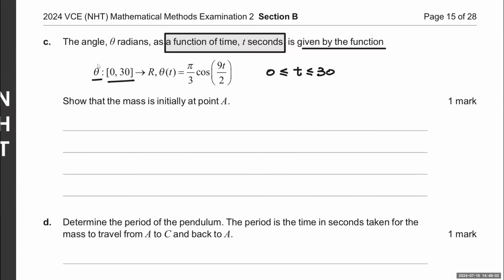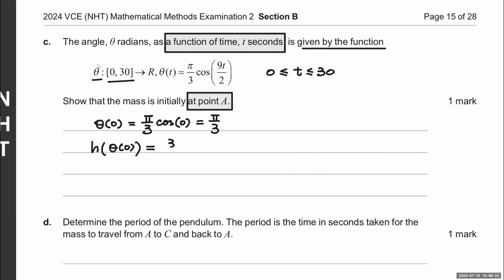So we probably need to find the initial angle, which is pi over 3. Theta 0 is pi over 3 cosine of 0. And that gives me pi over 3. And h of theta 0, well, to show it's at point A, we need to determine its height, I suppose.